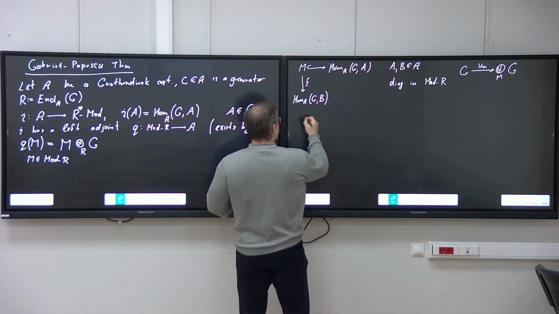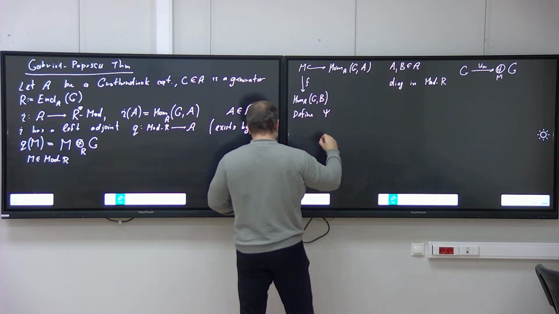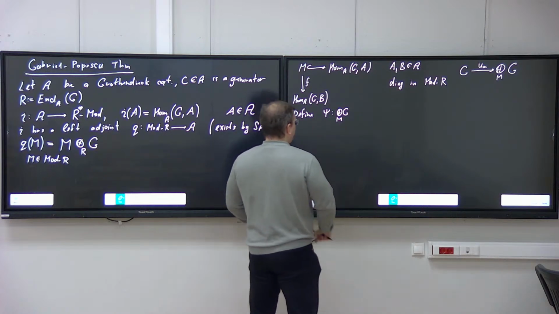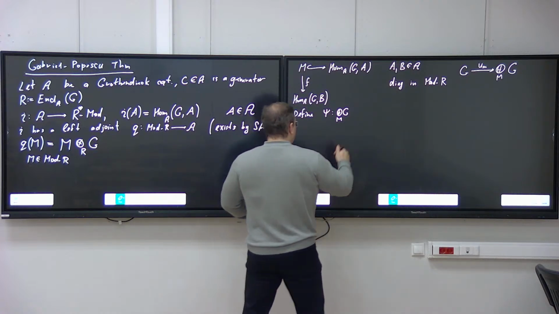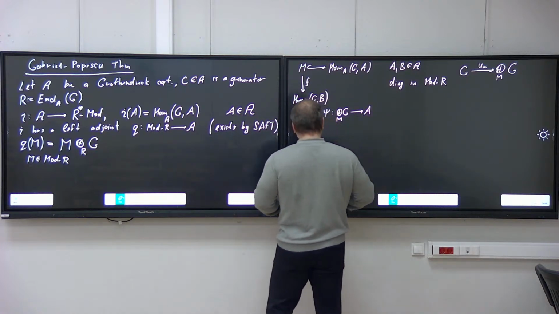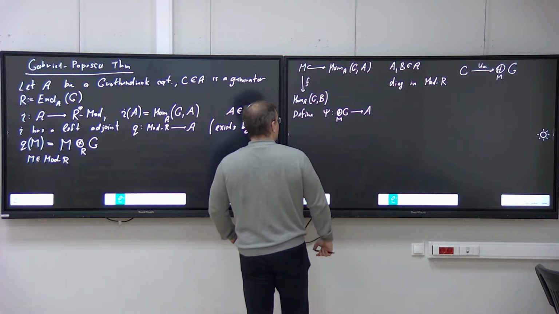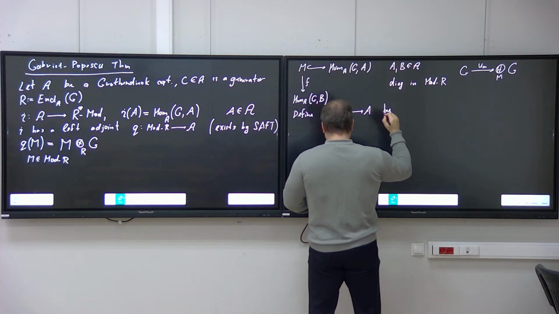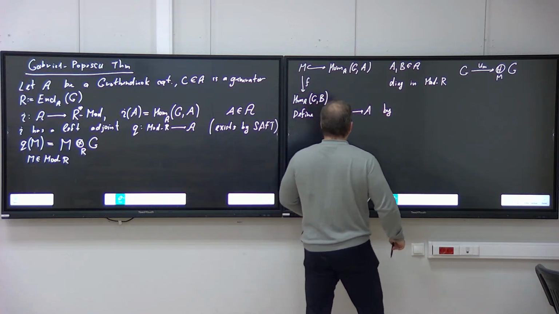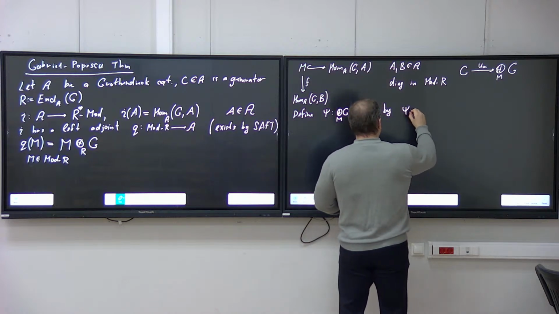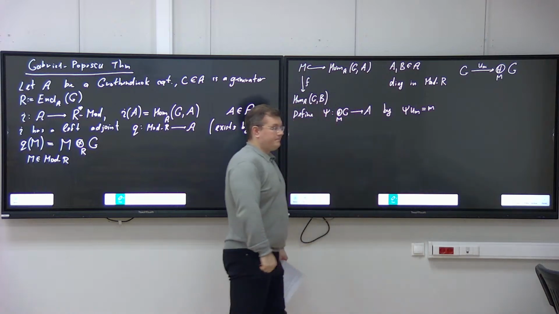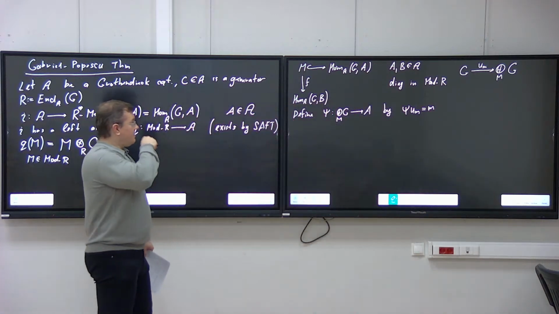We define the first map psi, which is from the direct sum of the generators taken over module M, where I consider module M as just a set, to the object A. That's of course a map in the category A, and this is defined by a formula. If this is a map from the coproduct, it's enough to specify the composition with the coprojections, and I just say that this is by definition. That's the way I define this map.